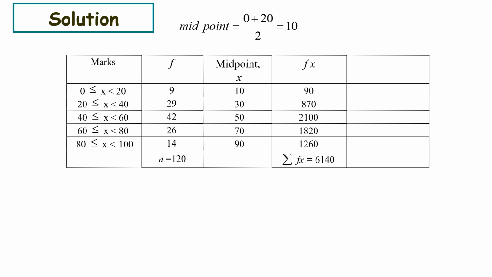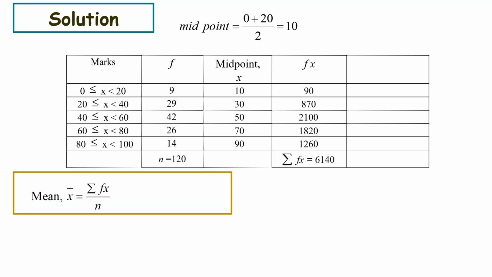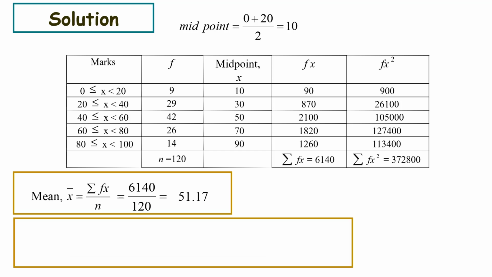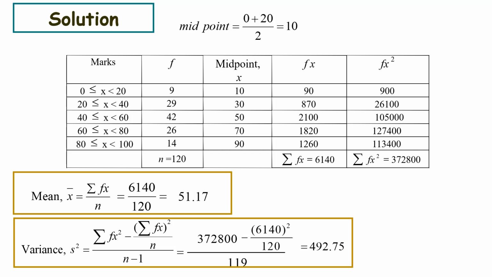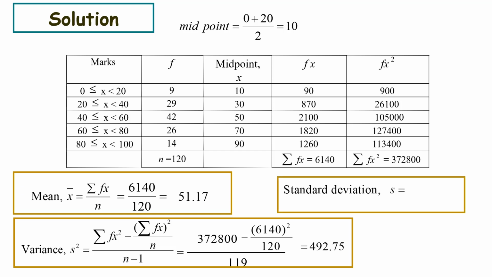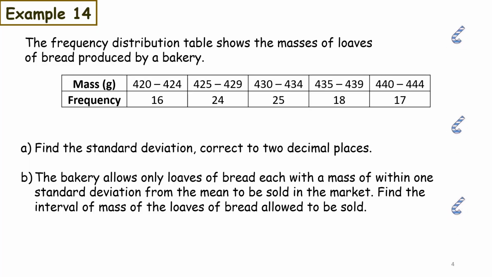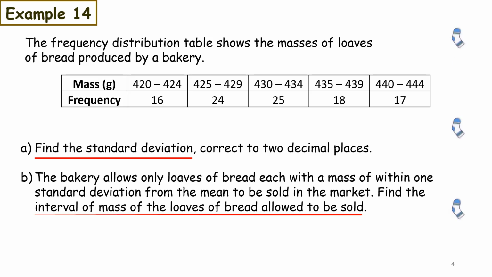We can now find the mean of the given data. Next, find the values of f multiplied by x squared. We can now find the variance and standard deviation of the given data. I would like you to find the standard deviation of Example 14 on your own.